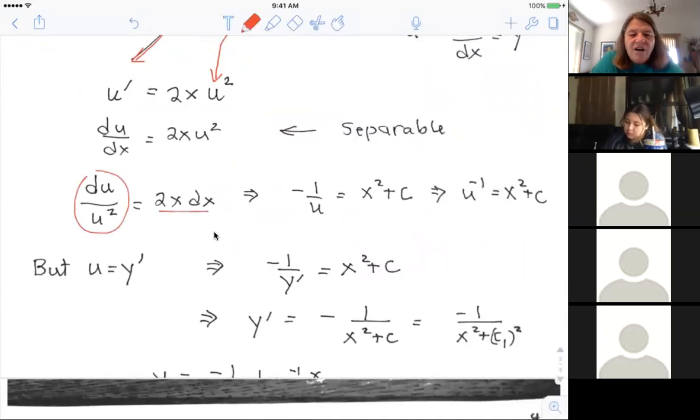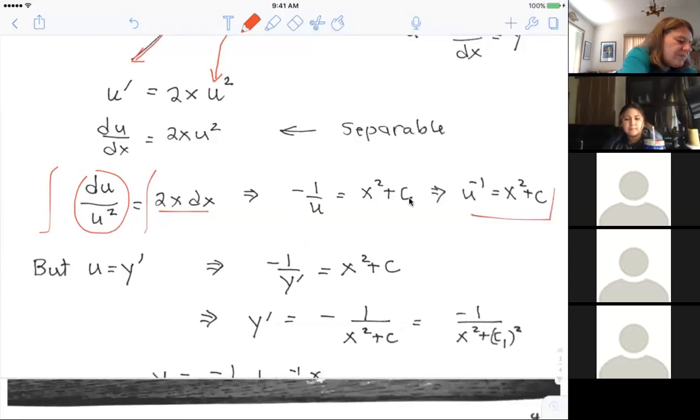That's easy to solve. What we know we're going to do in a separable equation is integrate both sides. So the integral of u to the minus 2 is minus 1 over u, or minus u to the minus 1. The integral of this is x squared plus c. There's my solution. It's done. I will now remake my substitution.